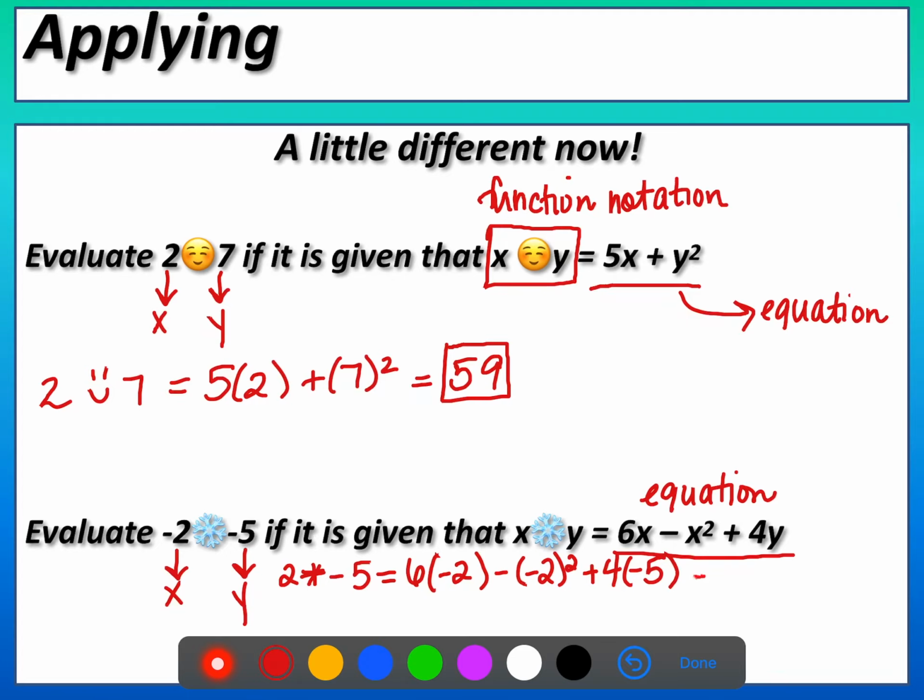Okay, so evaluating, we would have a -36.